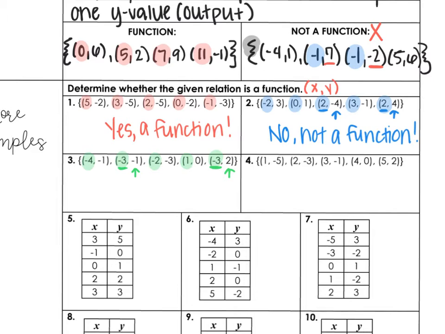Those are different y values for the same x, so this is not a function. And then let's check out number 4. 1, 2, 3, 4, 5. Those are all different x values. So yes, this is a function.